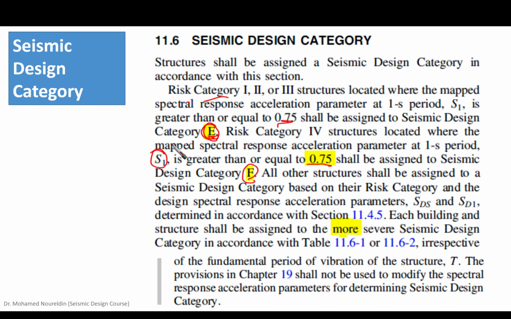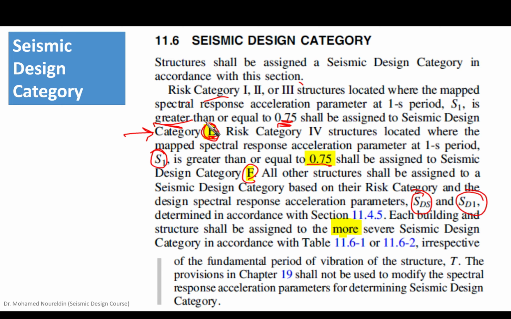Okay, so now this is the case for seismic design category E and F. So for risk categories 1, 2, 3, structures located where the mapped spectral acceleration is greater than or equal to 0.75, in this case we are going to seismic design category E and F. All other structures shall be assigned to a seismic design category based on the risk category and the design spectral response acceleration parameters SDS and SD1.